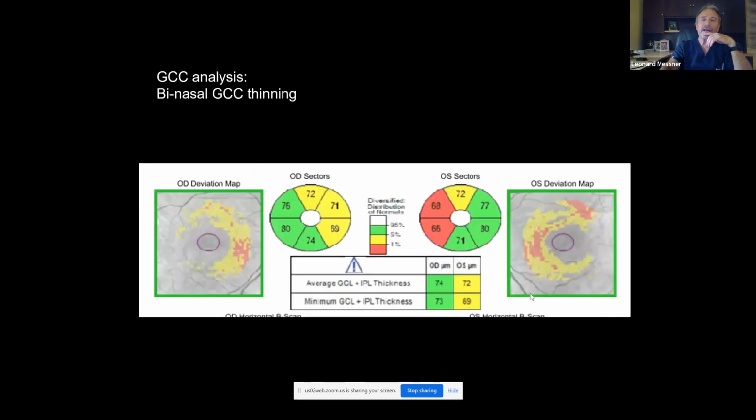But if we look at the ganglion cell complex, and I'm going to go to the pie charts, in the right eye there is this nasal thinning of the ganglion cell complex. In the left eye, there is comparable nasal thinning of the ganglion cell complex.